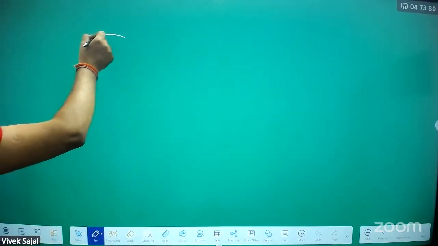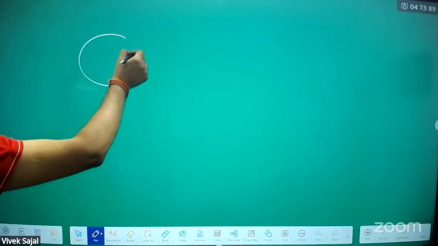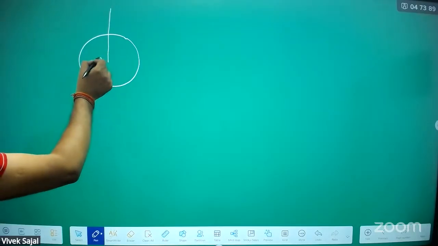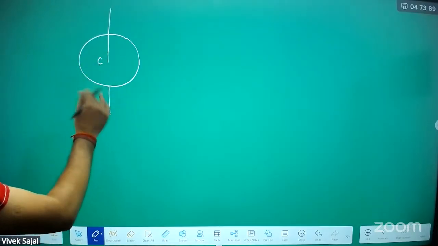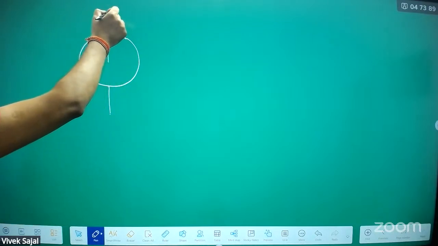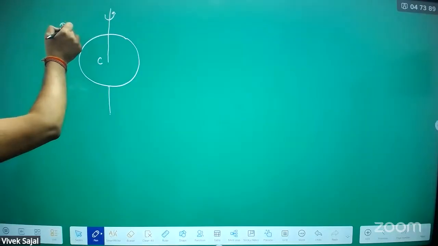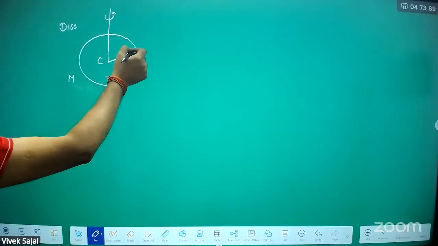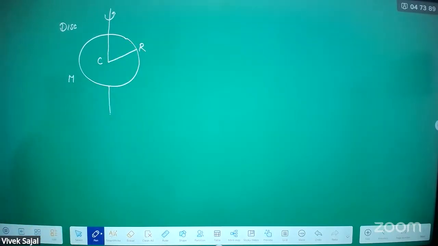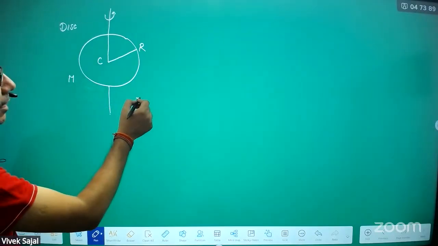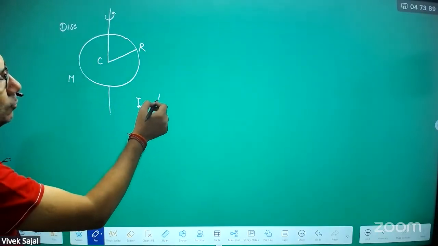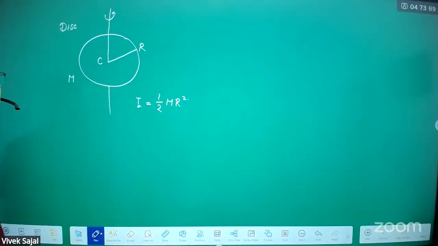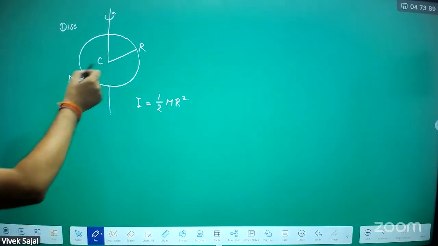If you have a disk like this, and you rotate this disk about this axis passing through its center and perpendicular to its plane, and the mass of the disk is m and the radius is r, then what will be the moment of inertia I? That will be 1 by 2 mr square.